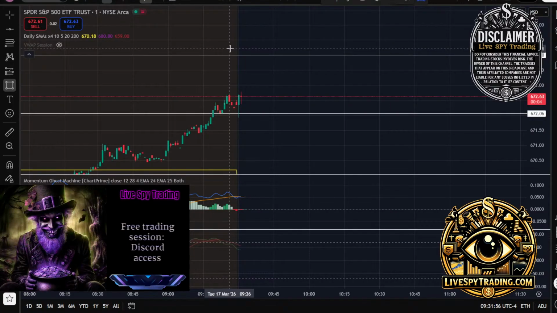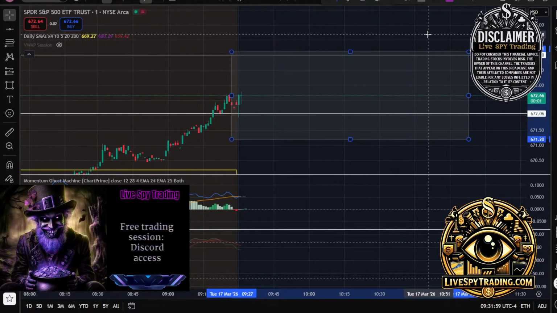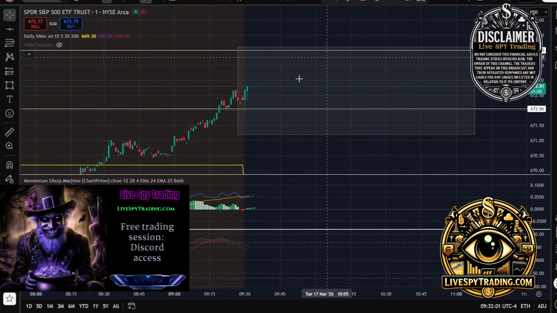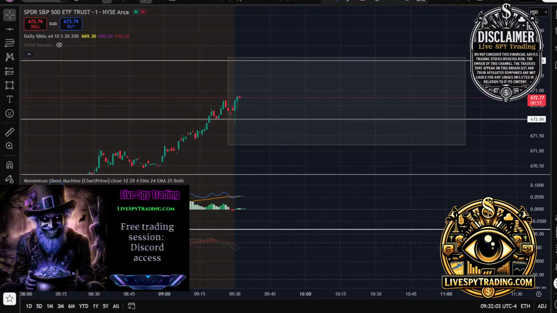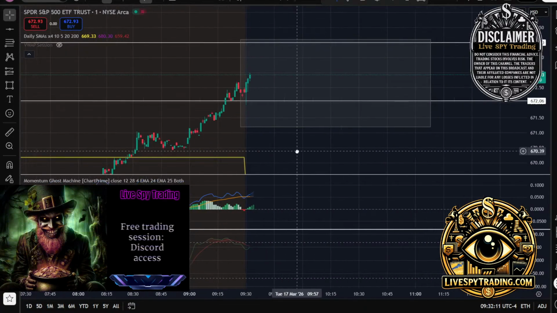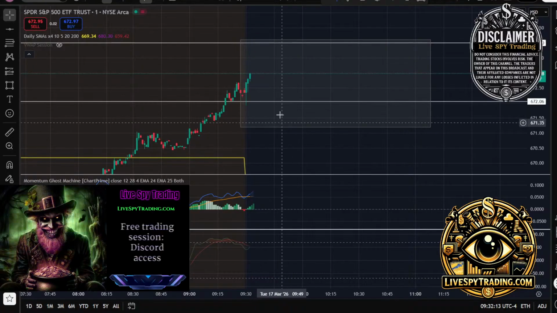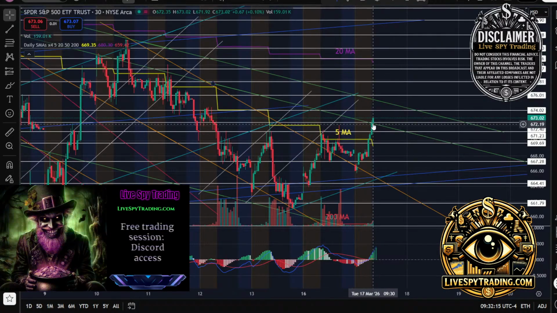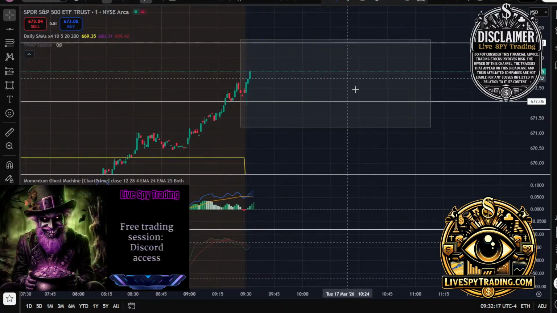So first we need to form a liquidity box, and ideally, this is the ideal situation. Then we need to find the pattern that's going to tell us if we're going up or down from this point here. We're kind of already past that point, but I'm giving you an example.